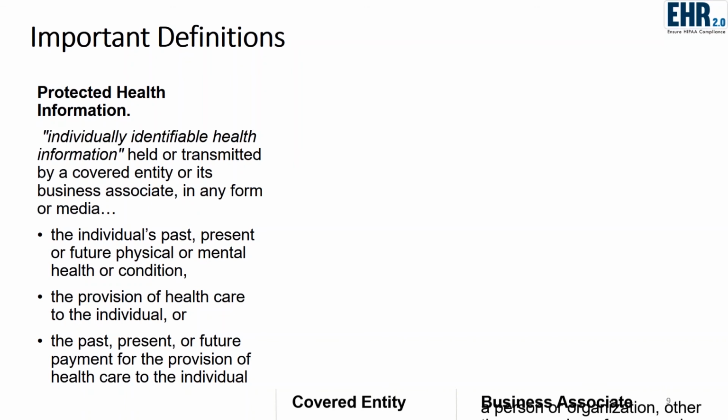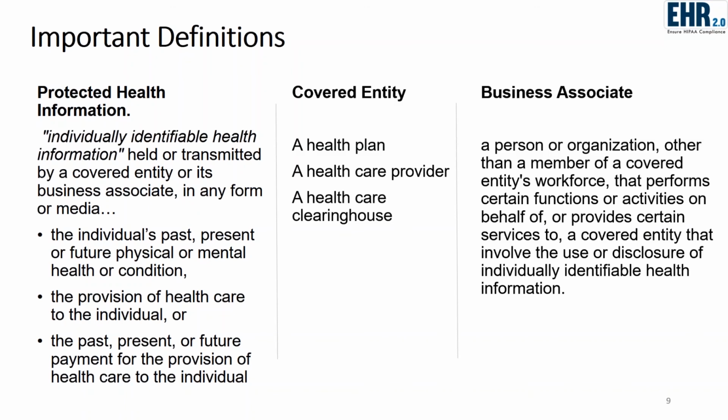Now, what exactly is a covered entity and a business associate? Covered entities could be a health plan, a healthcare provider, or a hospital. Those are the entities which are handling the patient information and are responsible for protecting it.